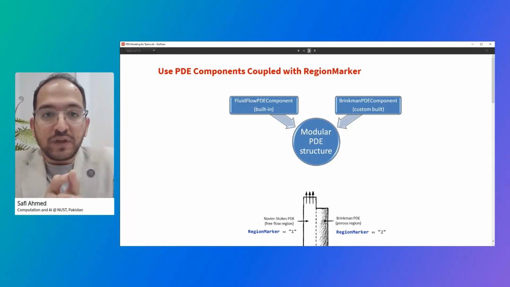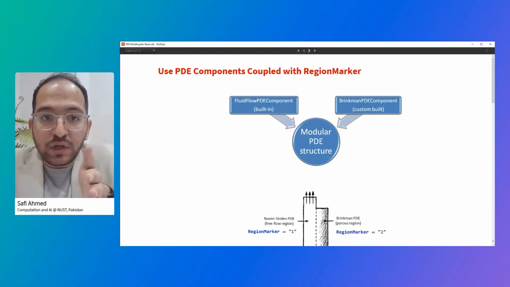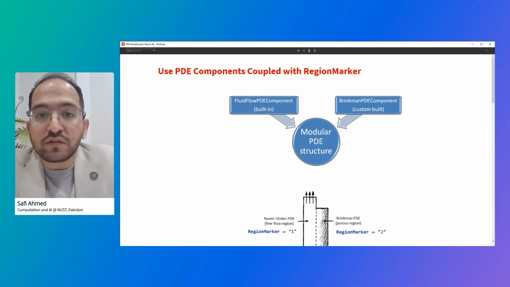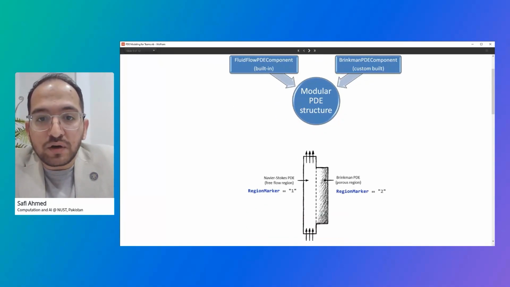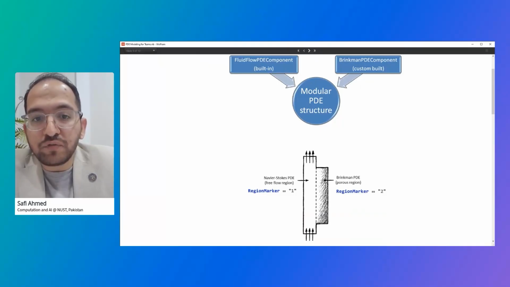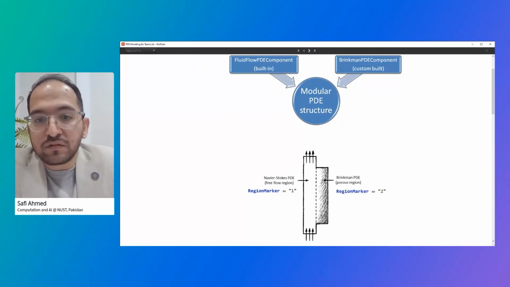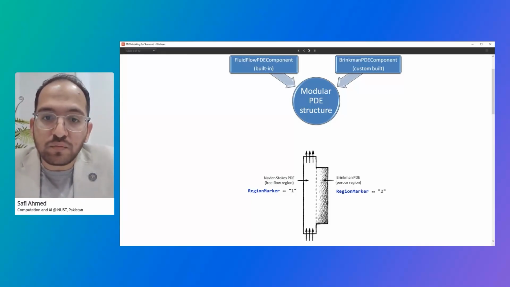The idea here basically is that if you have different PDE components within Mathematica, within your code, governing the behavior of different regions within your system, then your code starts to look very modular. So, for instance, in my model here, I have tagged regions using the region marker, which indexes the various regions within your model.